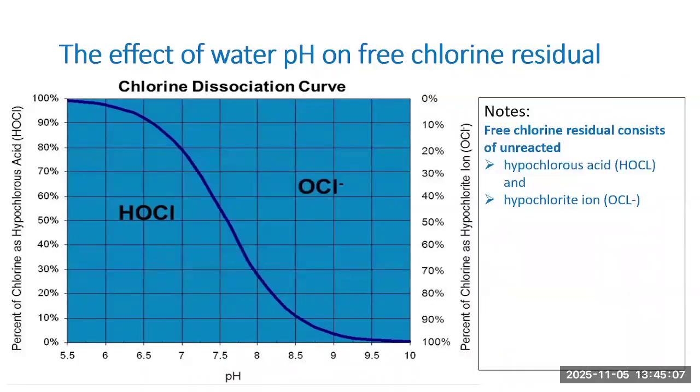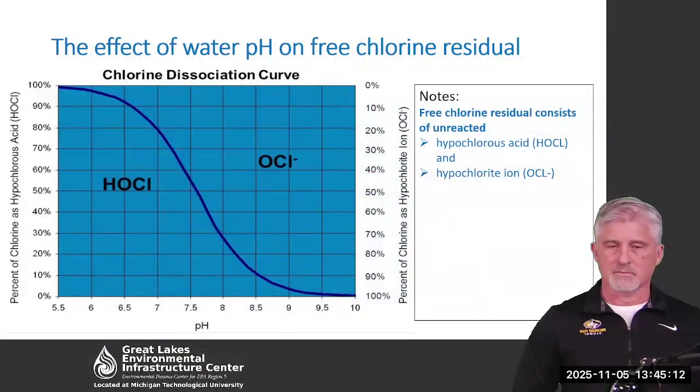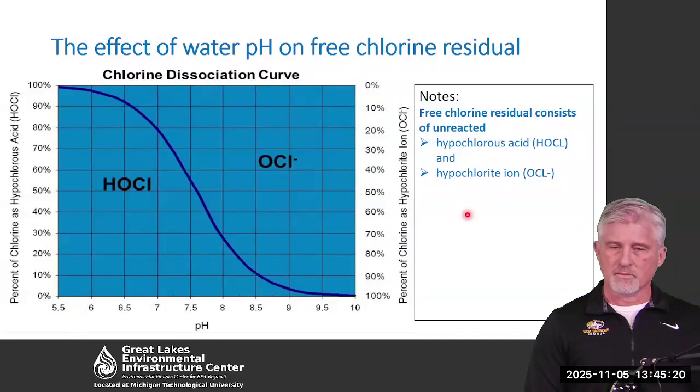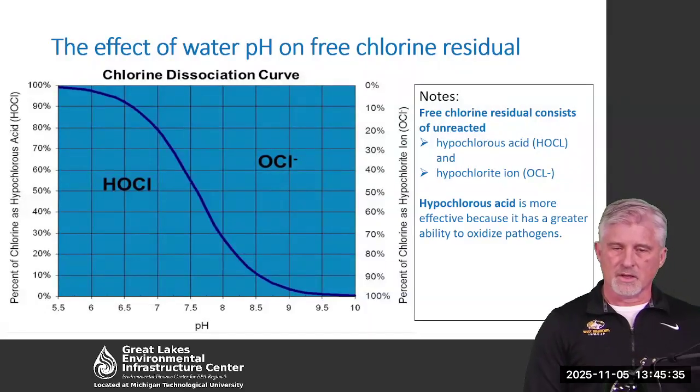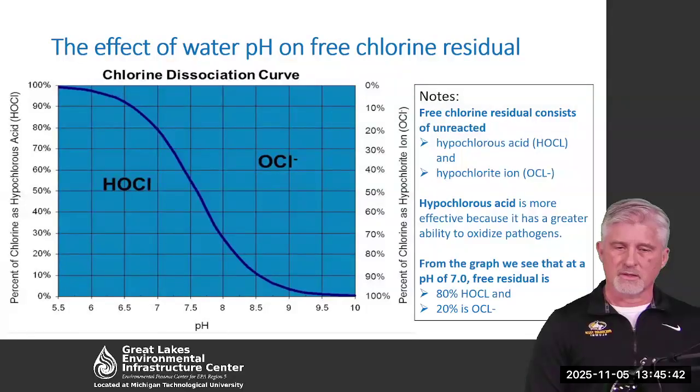And I had mentioned before that pH is one of the things that has an effect on disinfection. This table shows how that happens. The hypochlorous acid percentages are on the left and the hypochlorite ion percentages are on the right. You'll note that we're going to have one or the other, and the hypochlorous acid is more effective in doing what we need it to do than the hypochlorite.